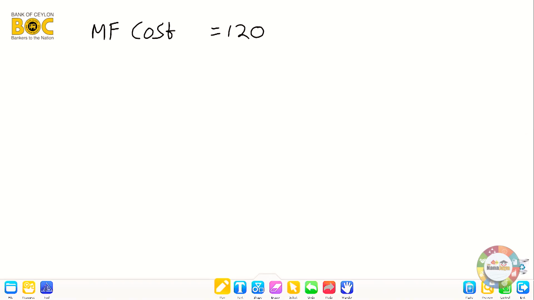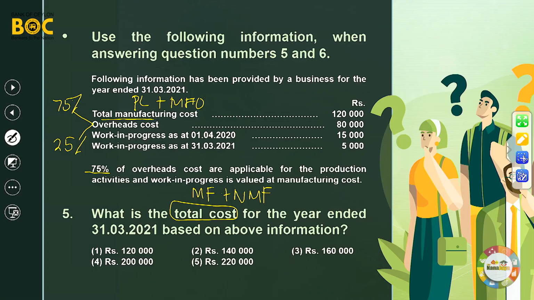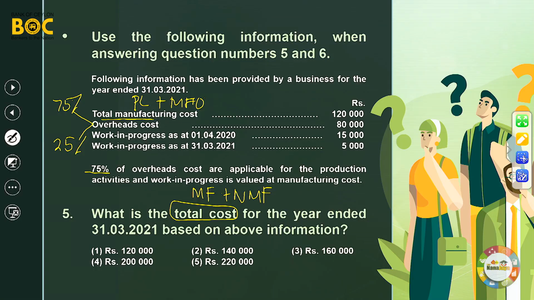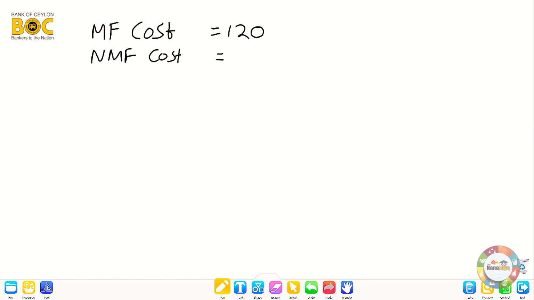The manufacturing cost is 120,000. The non-manufacturing cost is the total overheads given, 80,000, into 25%.